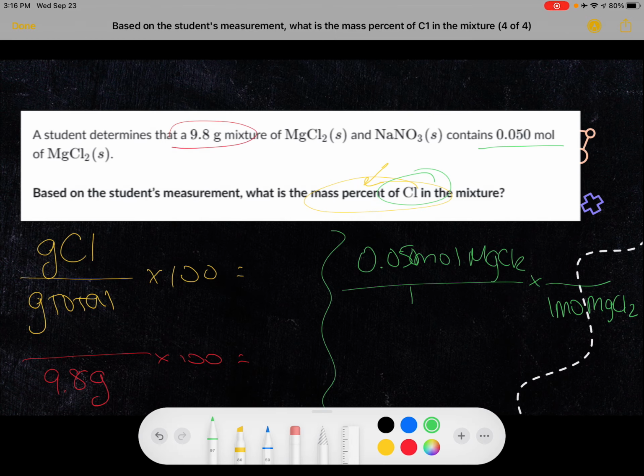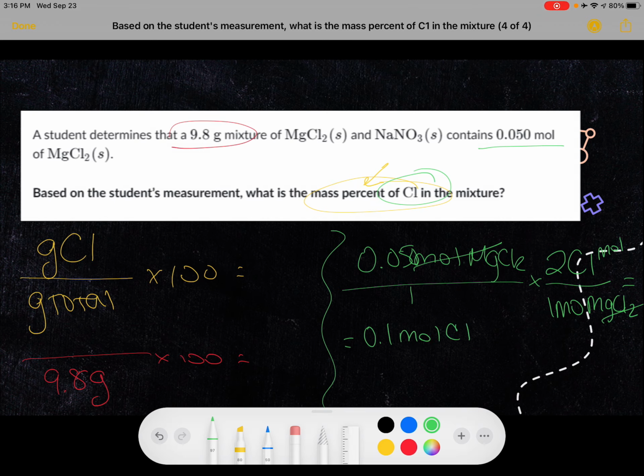Remember when we were talking about water and how there's 2 hydrogens in it? We can apply that knowledge here. For every 1 MgCl2, there are 2 chlorines. If I cancel that out, this would be in moles. What am I left with? 0.05 times 2. Maybe you can do this in your head. I'm just going to be extra safe. I'm left with 0.1 moles of Cl.